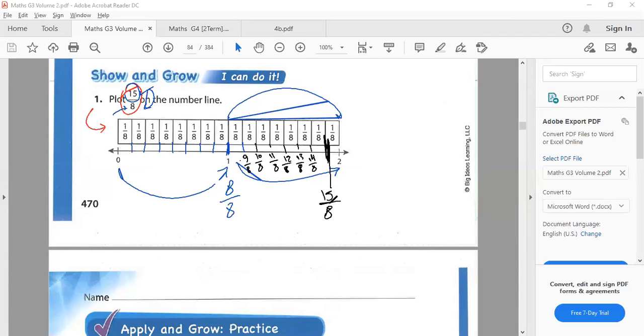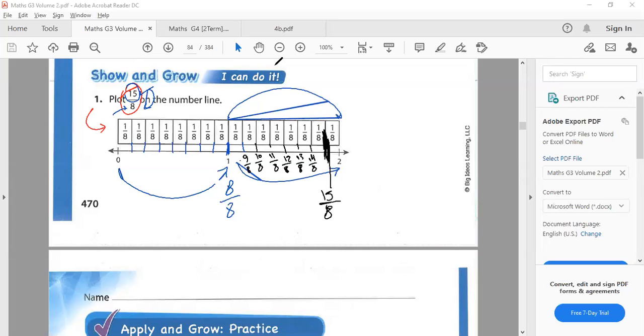It will be the last step, exactly here. So 15 over 8 is so close to number 2, right? Yes. Okay, Muhammad, thank you.